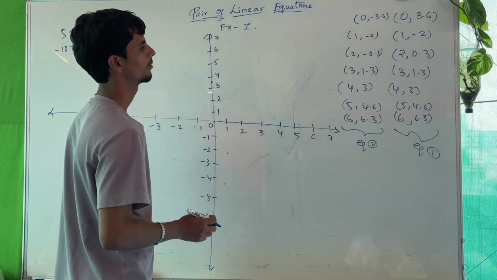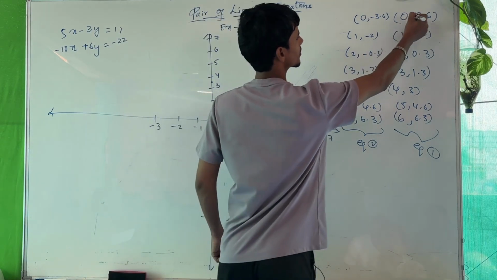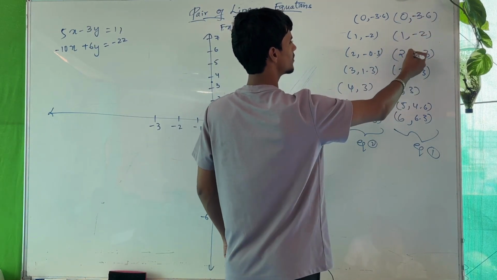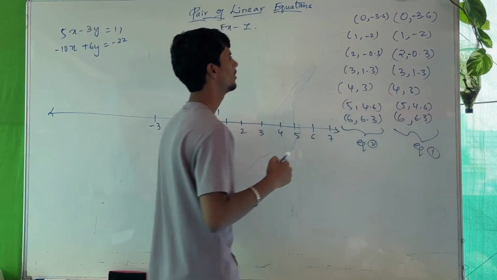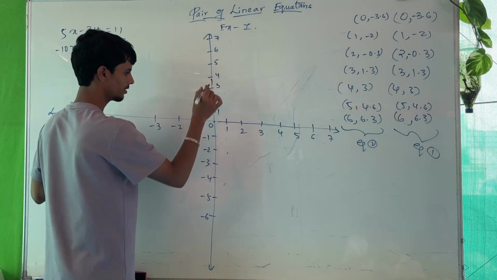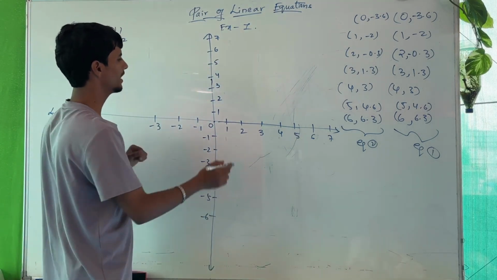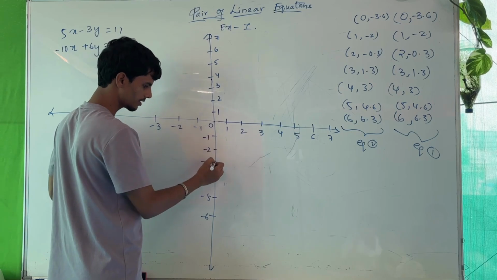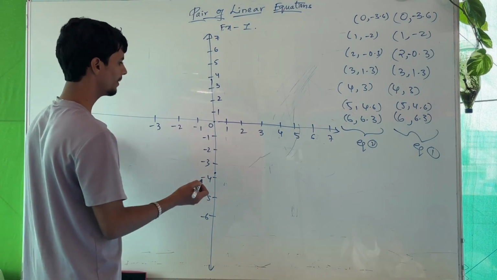No, it's minus 3.6, and this one also minus 0.3. So first let us remove this point. First of all, 0 comma minus 3.6 will be here. Next, 1 comma minus 2.